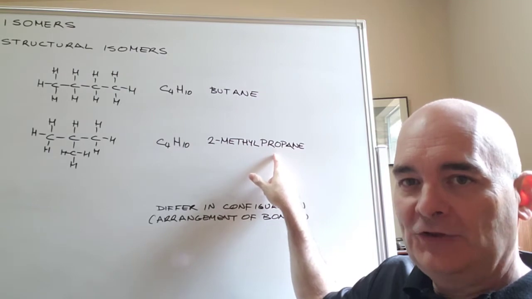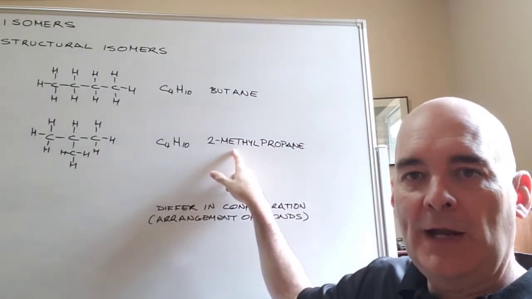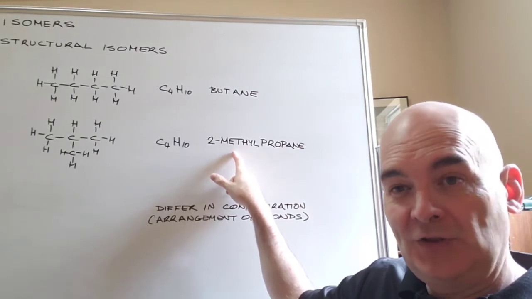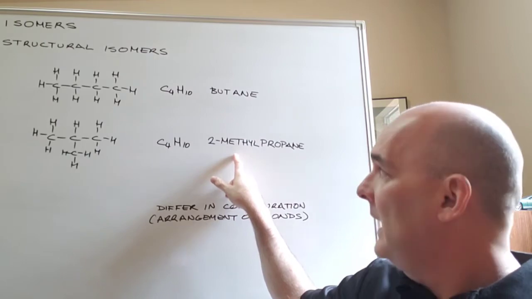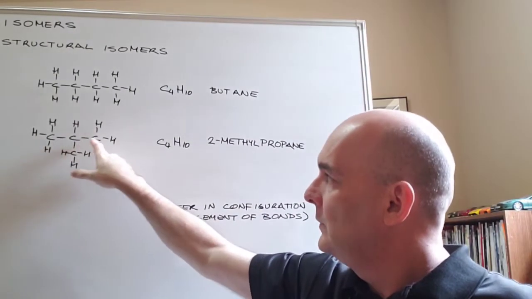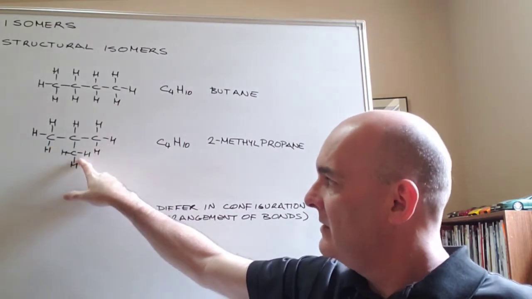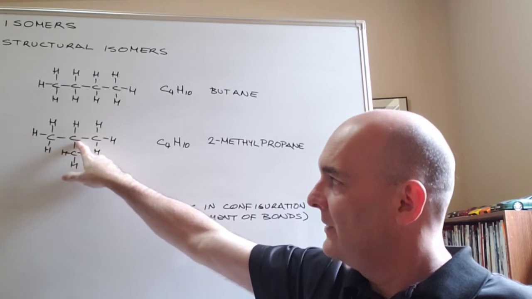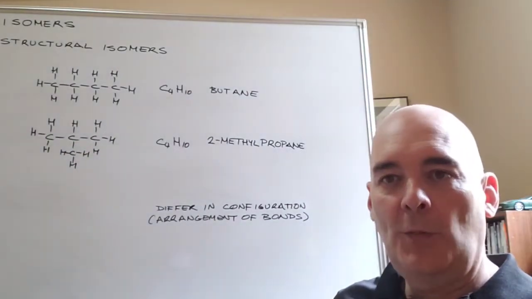Prop, longest chain is 3 carbons long. But now there is a 1 carbon fragment or substituent stuck onto that molecule somewhere, and it is at the 2 position. 1, 2, 3, propane with the meth stuck at the 2. So this gets to be 2-methyl propane.